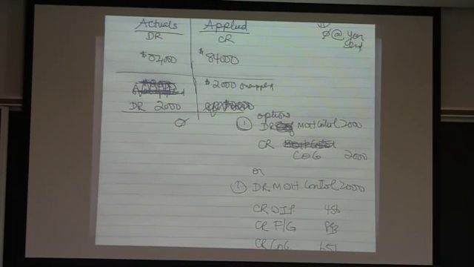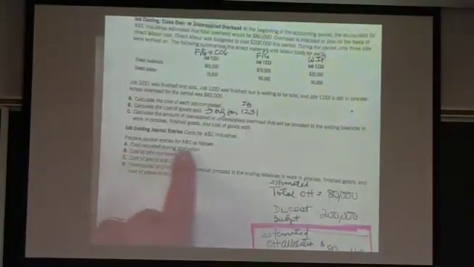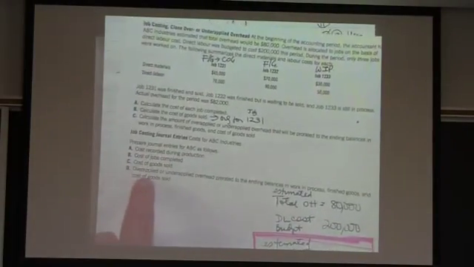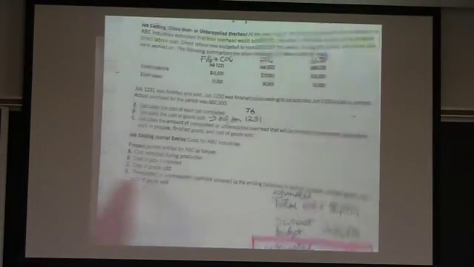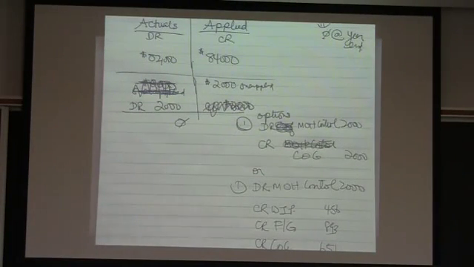Now, I kind of answered this, this is really part 2 of the required, and it says, prepare the journal entries for all of these, and that's really what I've done here, over the under applied. So let's just do that anyway.